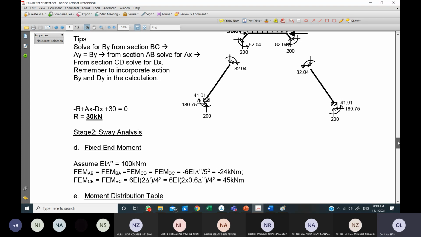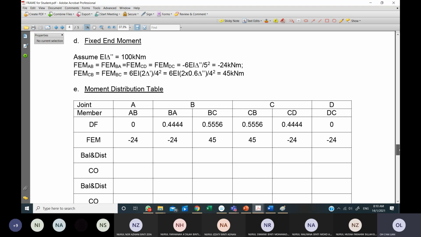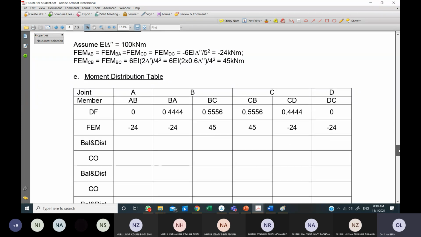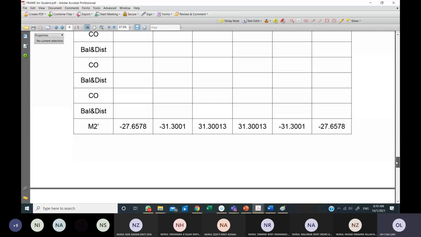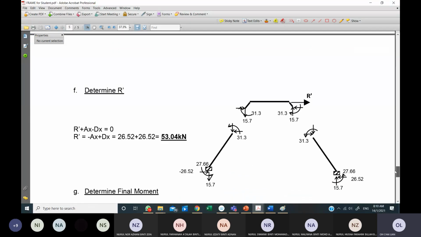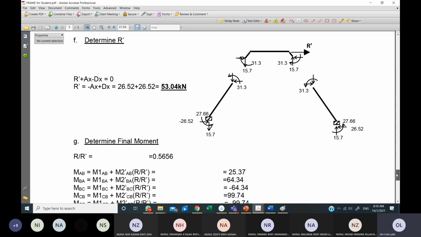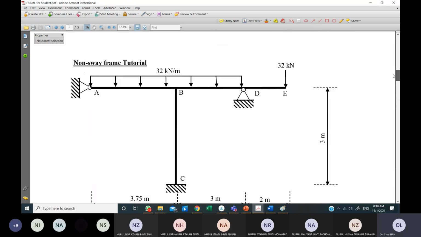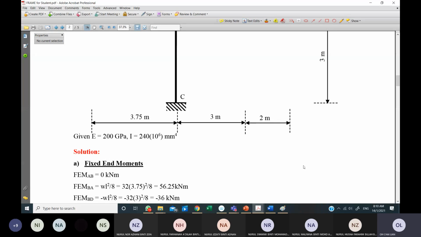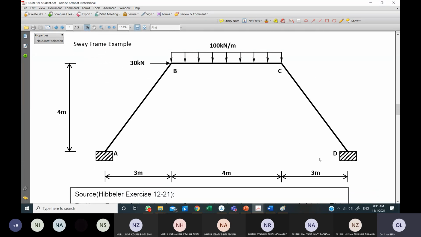So make sure you have prepared your exercise book and all your stationery. We're going to go through the whole example, the questions for a sway frame. Of course I will get help from your class. Helpers will be called, and you need to help me with some of the solution.